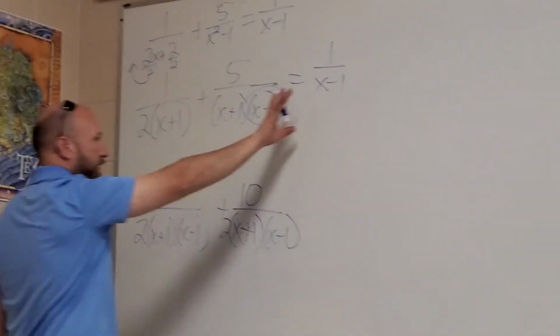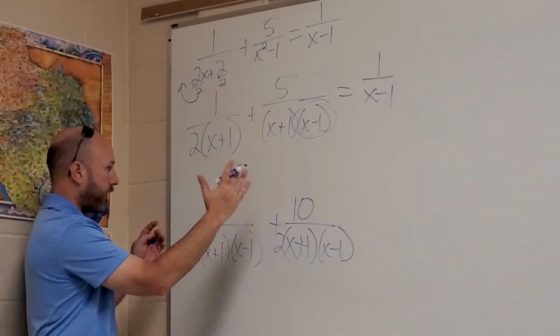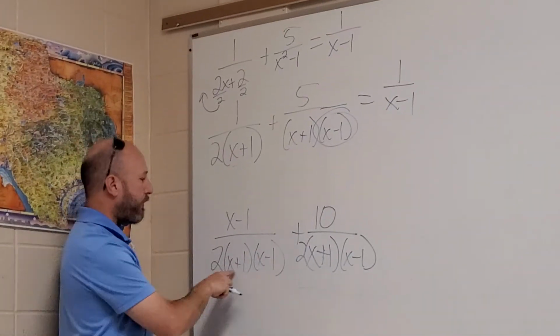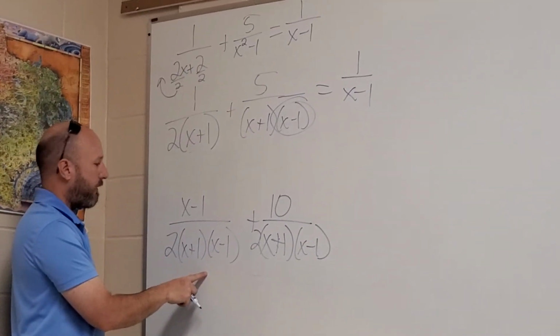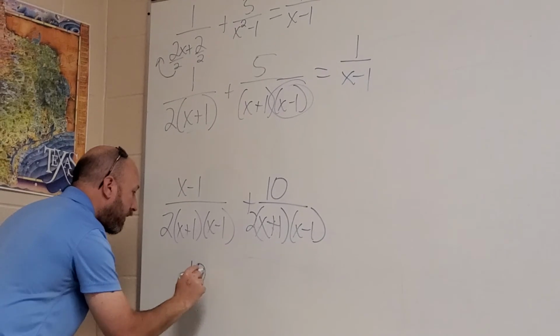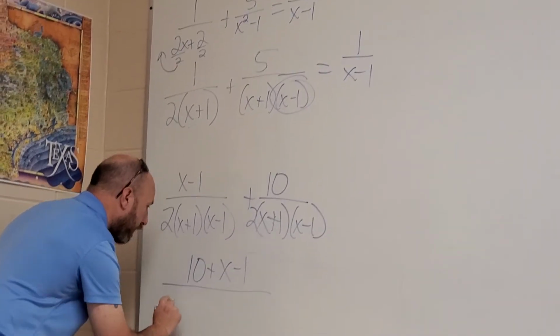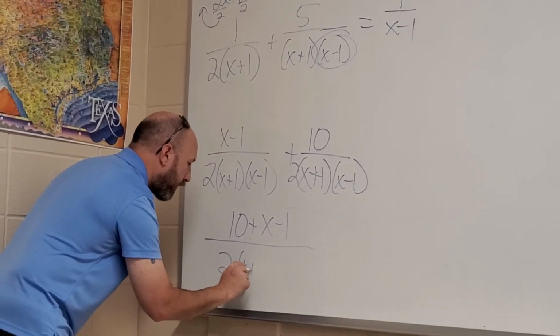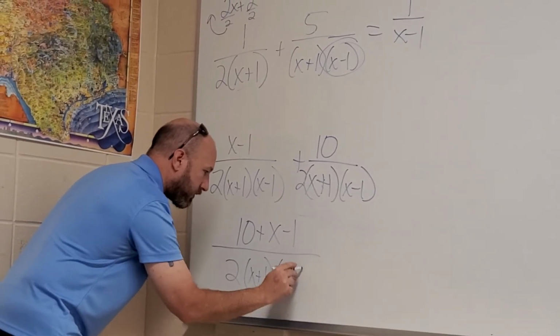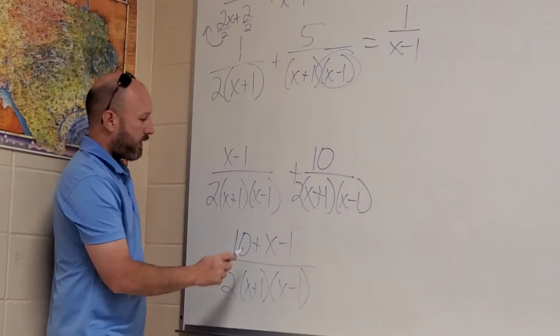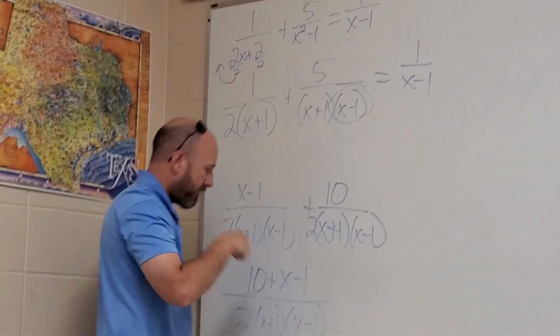I'm not even messing with this over here right now. Just dealing with this side. Now that we have the same denominators, we can add them up. So we have 10 plus x minus 1 over 2x plus 1, x minus 1. 10 minus 1 is 9.